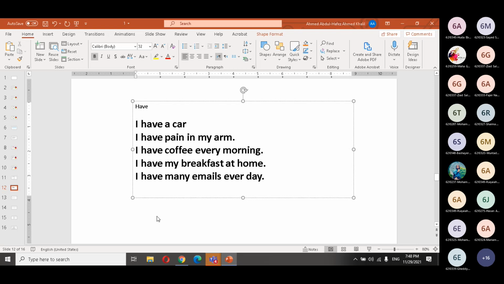For example, this is a sample of using have. For example, if you say I have a car, this is the original meaning of have. Have means own or possess, يمتلك.